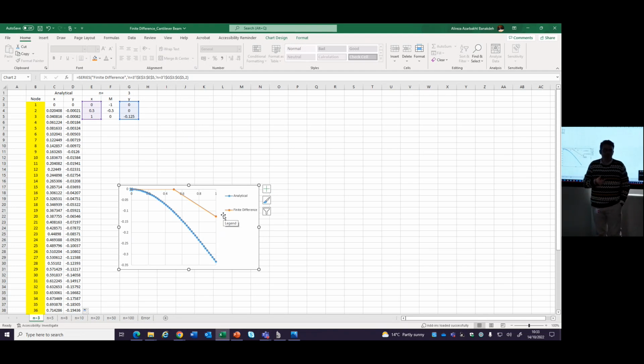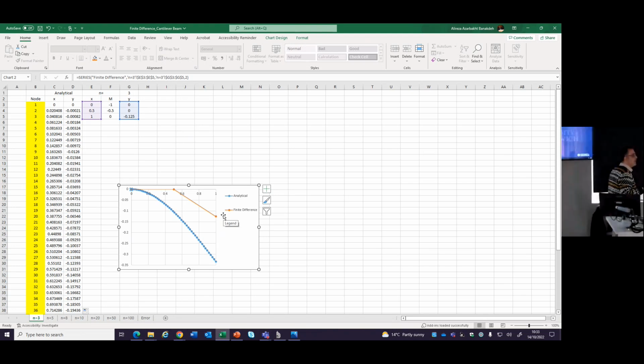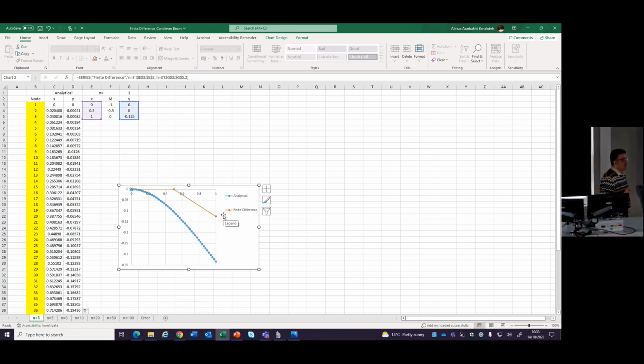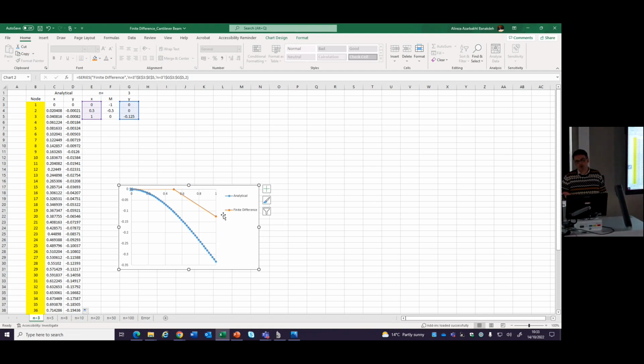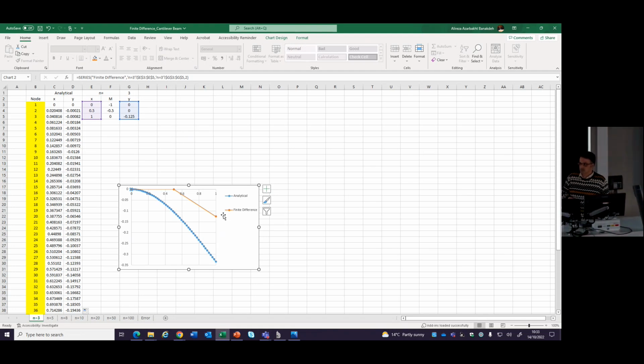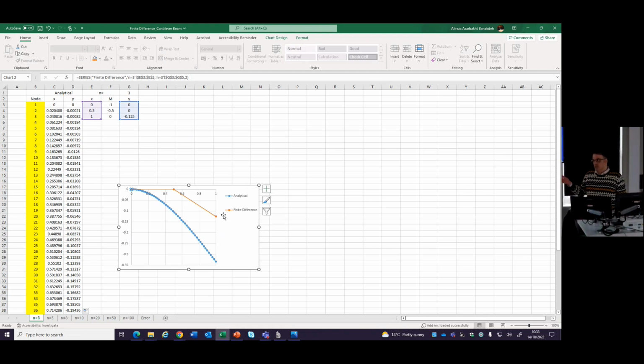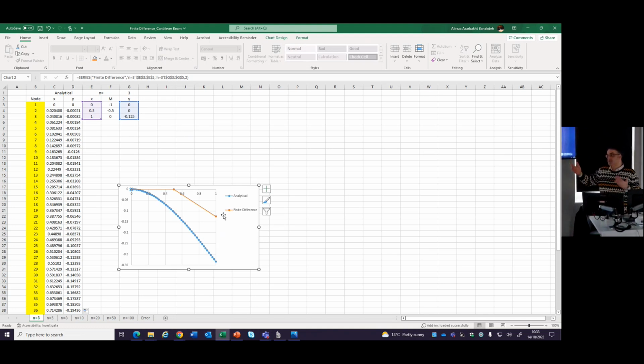There is a significant difference between the blue one and the orange one. This is the approximation we're talking about, and this is really not an approximation, this is an error. The distance is too much different.